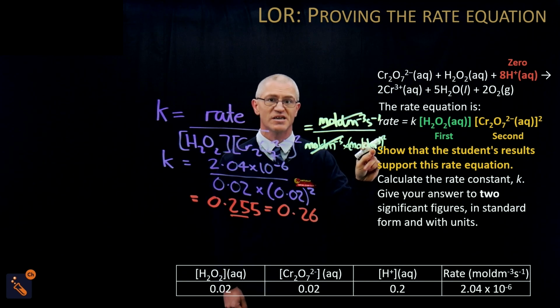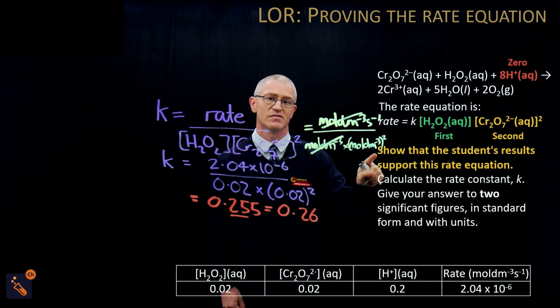So I'm going to times that dm cubed here by -1. I'm going to times this moles by -1. At the same time, I'm going to times what's in the brackets by 2, because I've got a 2 on the outside. So 2 times that. So don't think of it in that way squared. Think of it like 2 times whatever's in there.